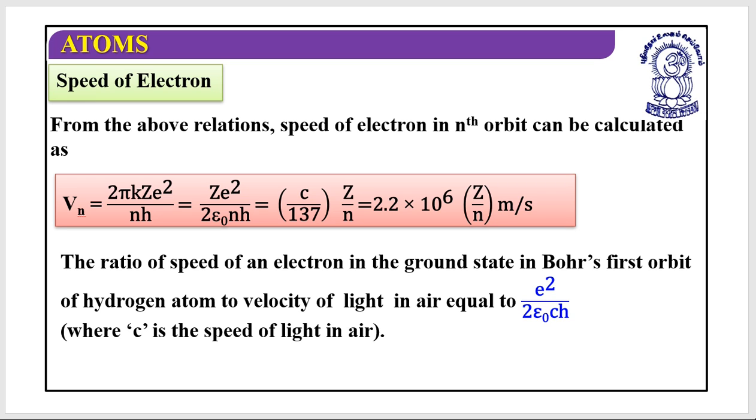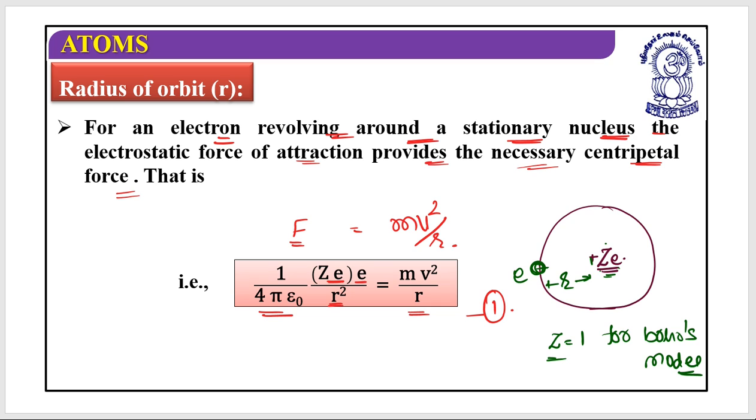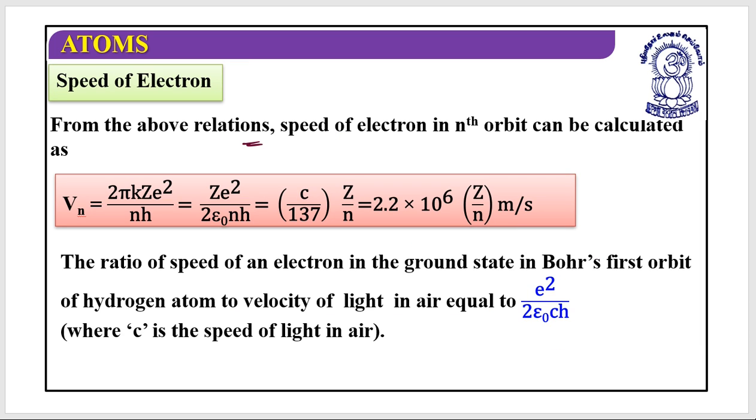Now let's work for the speed of an electron. From the above relations, 1 and 2, and from here we are having the mv square by r as well. From this I can derive the speed of the electron in the nth orbit, that can be calculated as v equals to Z e square upon 2 epsilon naught n h.